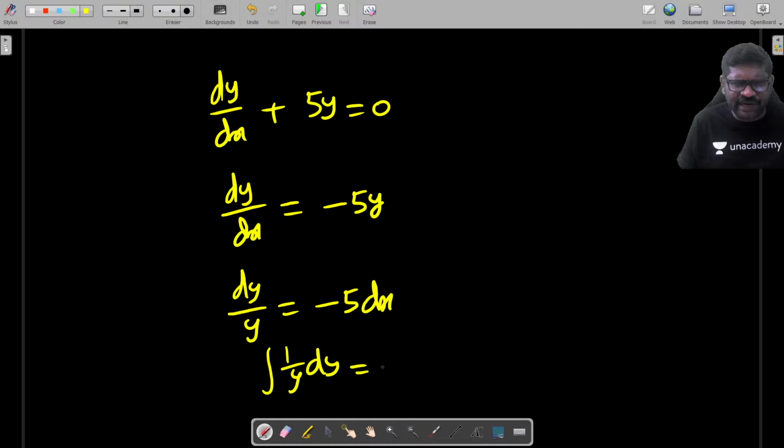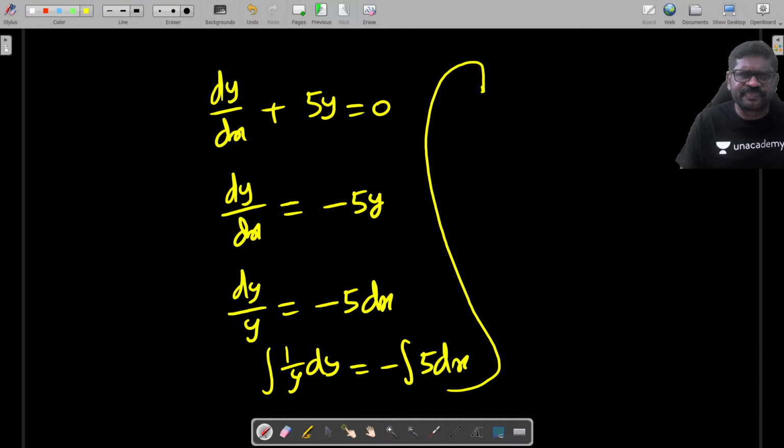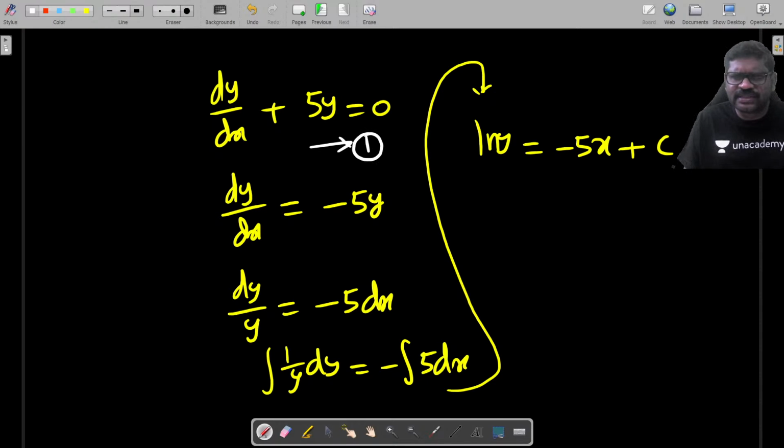Integral 1 by y dy is integral minus 5 dx. Log y equal to minus 5x plus c. This is equation 1.